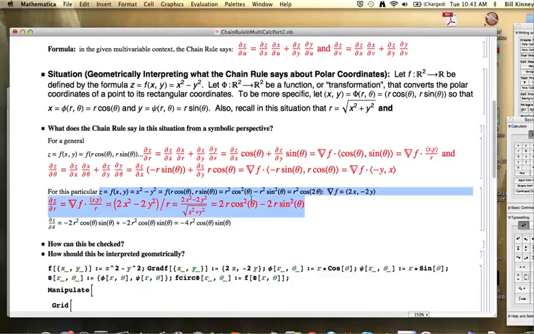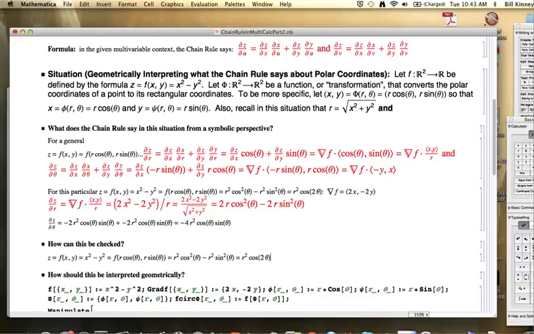How can this be checked? It's actually most simple to check it by differentiating this function with respect to r and theta individually. I'll just write that out. If you do, I'll let you pause the video and check this.